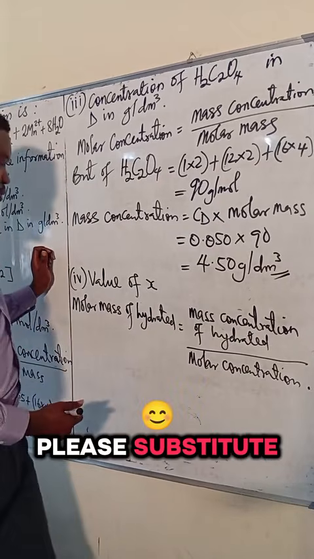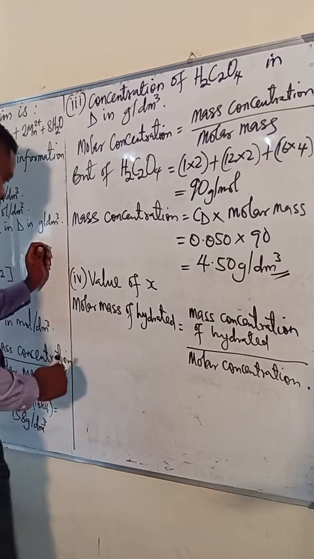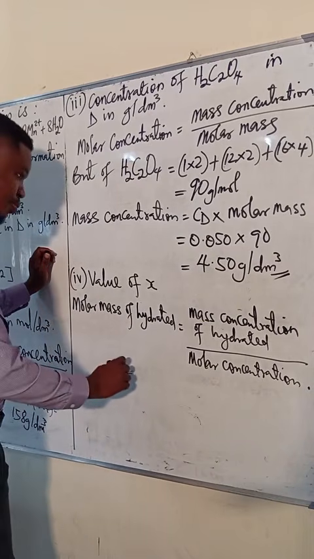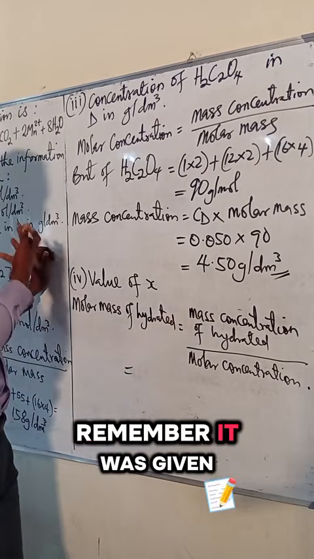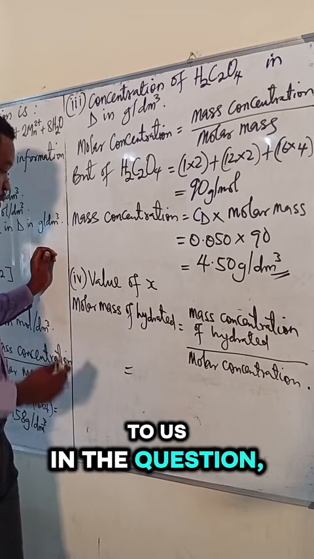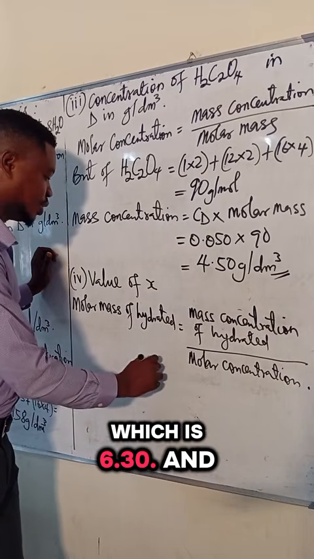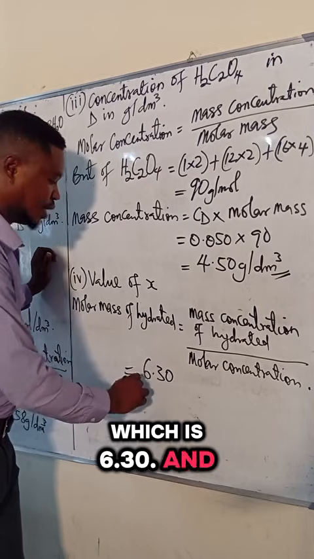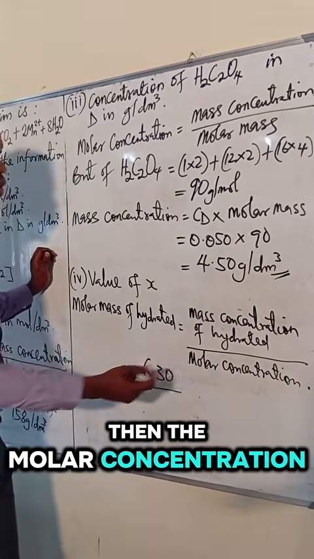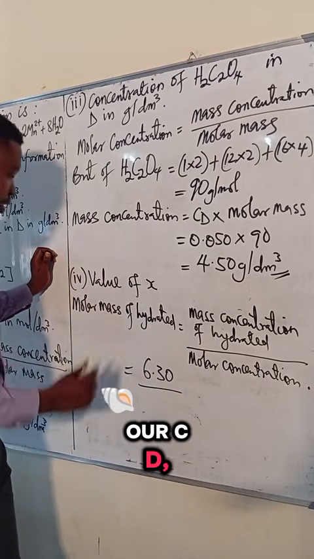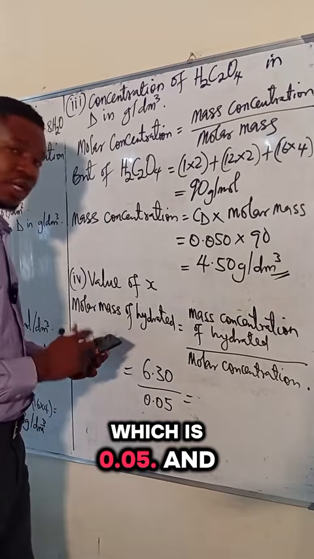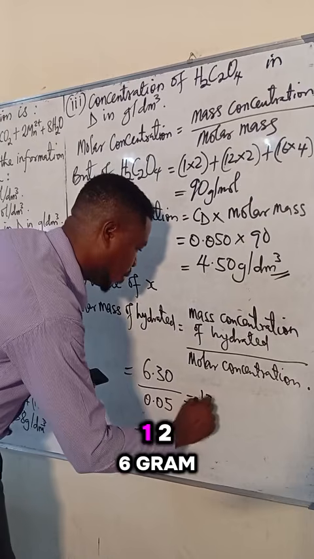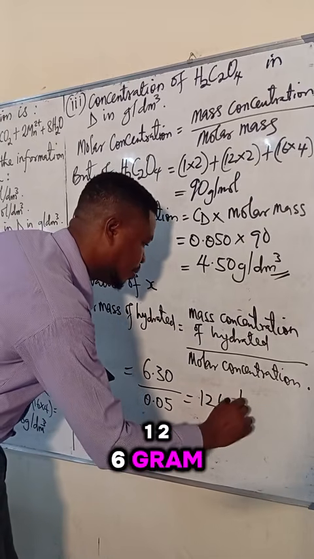Let's substitute. The mass concentration of hydrated, remember, it was given to us in the question, which is 6.30. And then the molar concentration is our CD, which is 0.05. And that will give us 126 gram per mole.